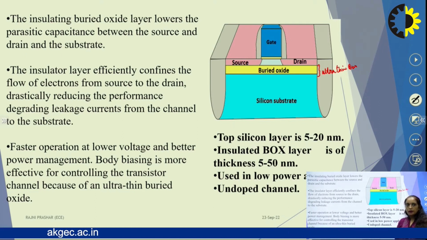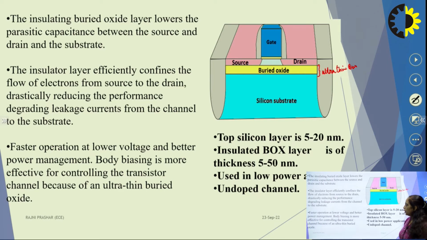The insulator layer efficiently removes the parasitic capacitance, hence it will increase the device performance. The operation will be faster at lower voltage and better power management will be there. Your body terminal can be more effectively used to control the transistor, and the top silicon layer in this case varies from 5 to 20 nanometer. The box layer varies from 5 to 50 nanometer.